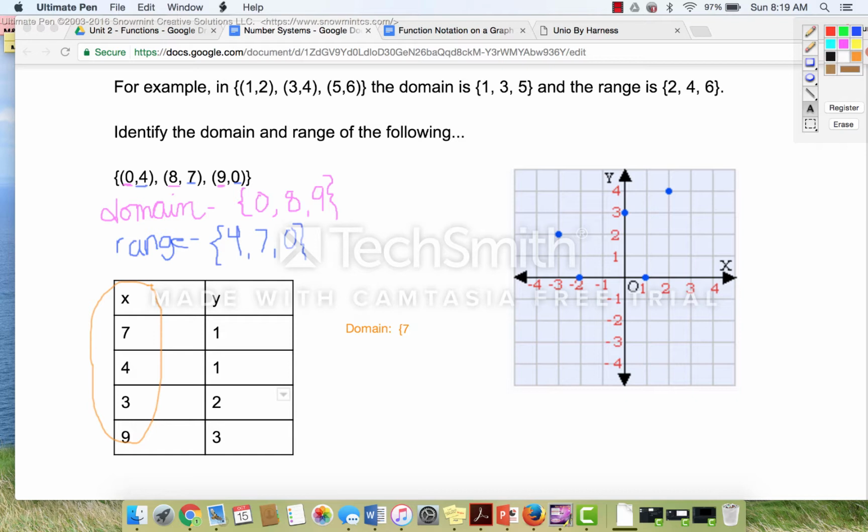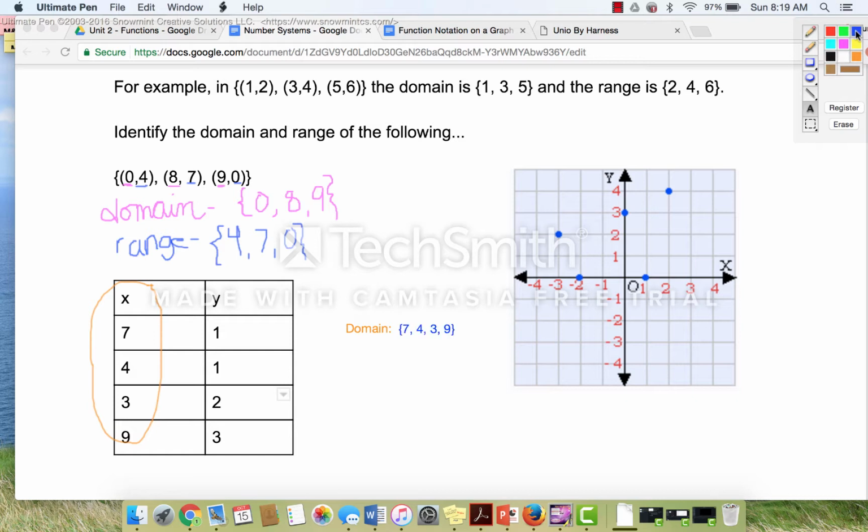And I have 7, 4, 3, and 9. You don't have to put them in increasing numerical order. It's probably nicer if you do, but that's fine. It's expressing the same information.